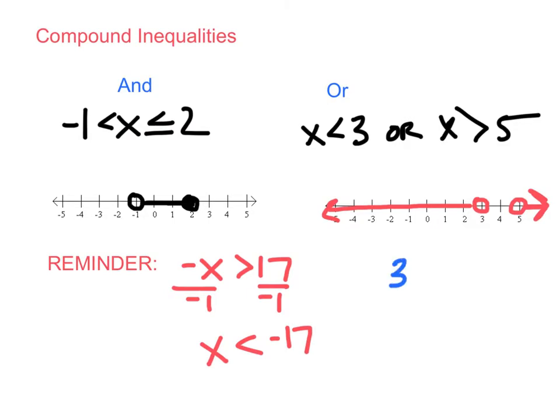We know that 3 is less than 9. Now, if I were to multiply both sides by negative 1, that would say negative 3 and negative 9. And if I were to keep the sign the same way, then I would be saying negative 3 is less than negative 9, which is not true. It's greater than. So whenever you divide by a negative, flip the sign.